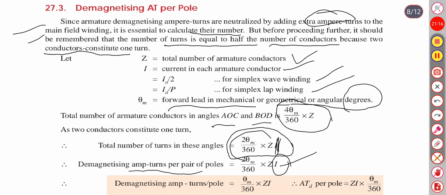So the demagnetizing ampere turns per pole will be theta m by 360 into ZI. Therefore, ampere turns per pole will be this, the same equation.